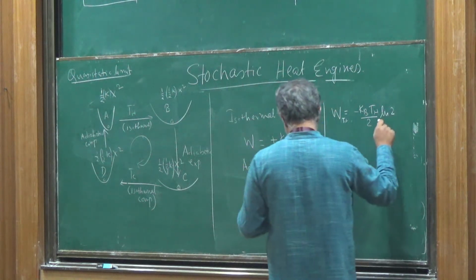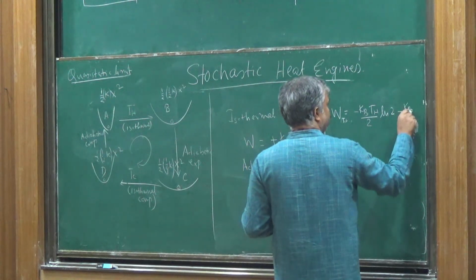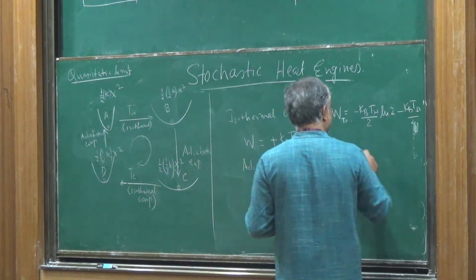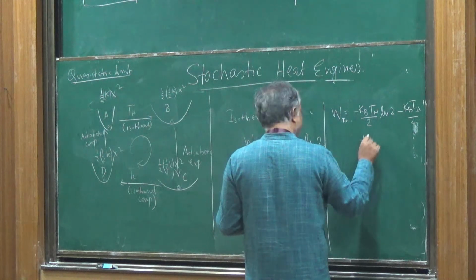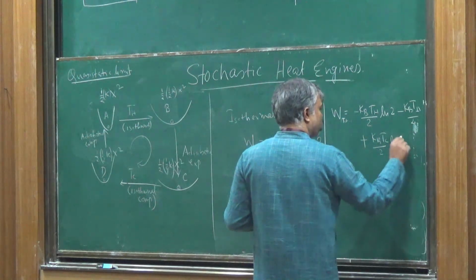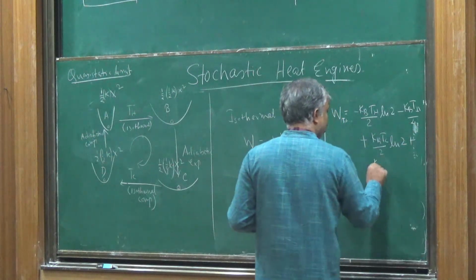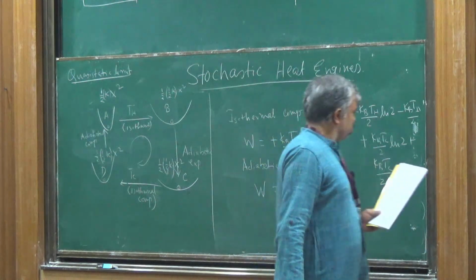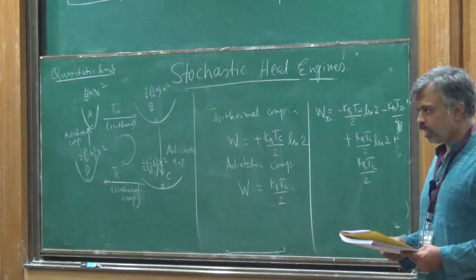Then you have minus k_B T_H by 4, this is the adiabatic expansion. Then you have k_B T_C by 2 ln 2, then you have k_B T. So this is the total work, correct?